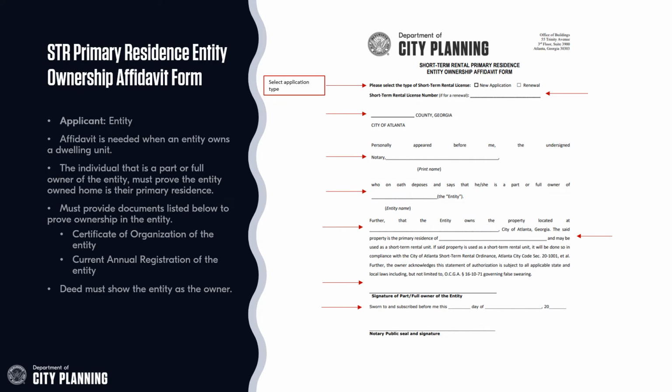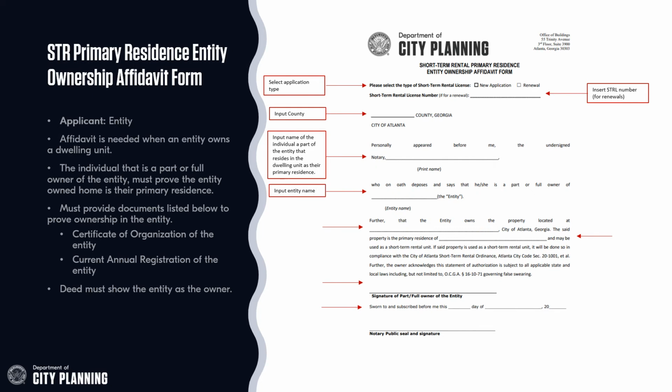Select application type, new application or renewal. Insert STRL number, and this is for renewals. Input county. Input name of the individual, a part of the entity that resides in the dwelling unit as their primary residence.